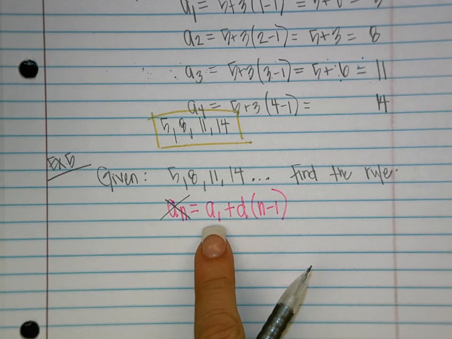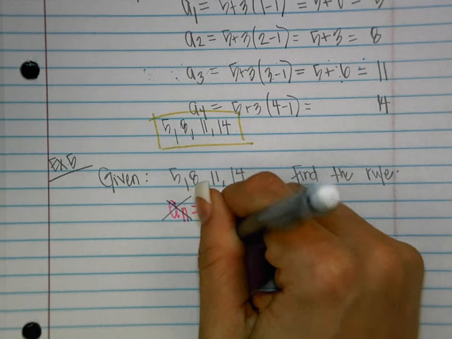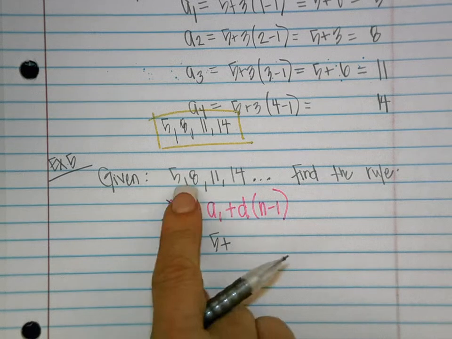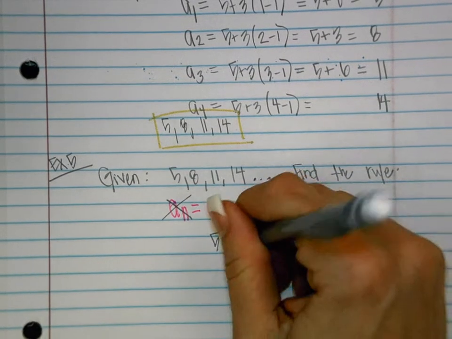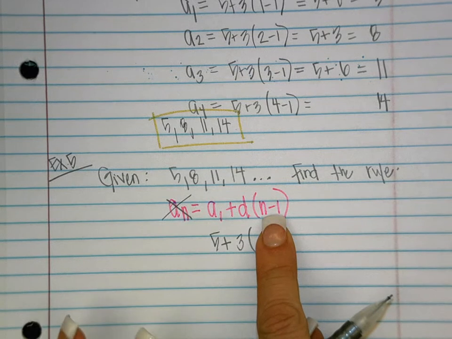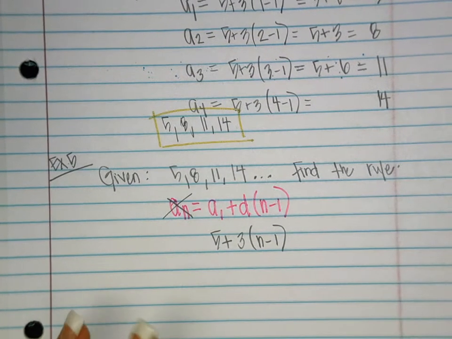The first term. So what's the first term in this sequence? 5. Plus, what's your D? What's the common difference? What do you add to get from one term to the next? 3. Times N. You don't know that. You are going to leave it as N. Minus 1. Then we just simplify. So how would you simplify this?